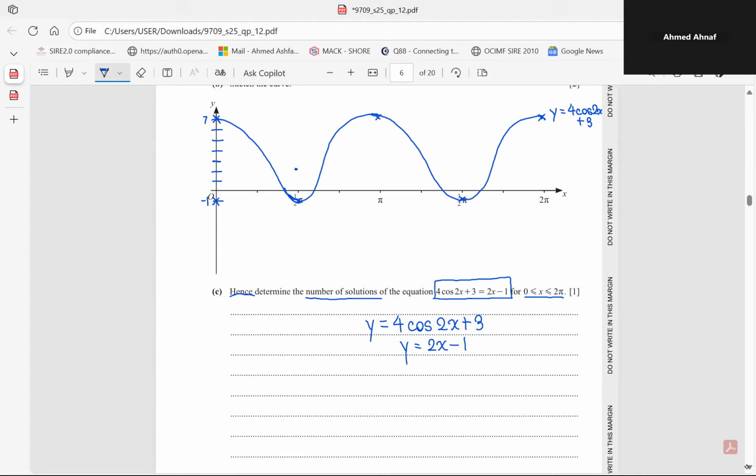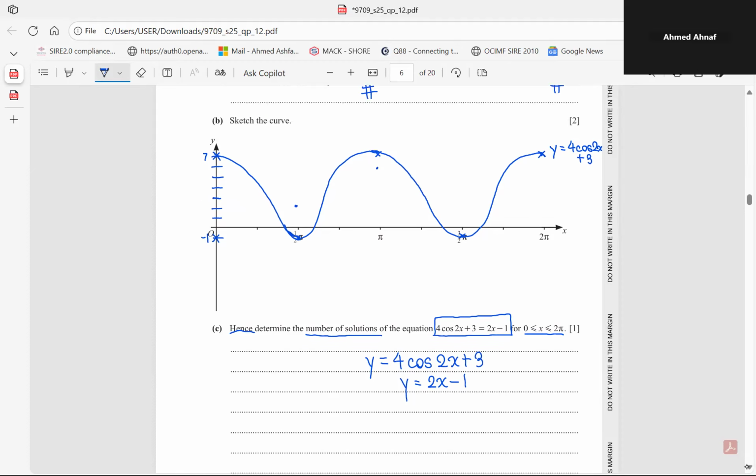Okay, and then substituting x equals pi, you would get 5.28. So 5.28 is closer to 5, between 5 and 6, so it's somewhere here. Now let's just join these 3 points all together.